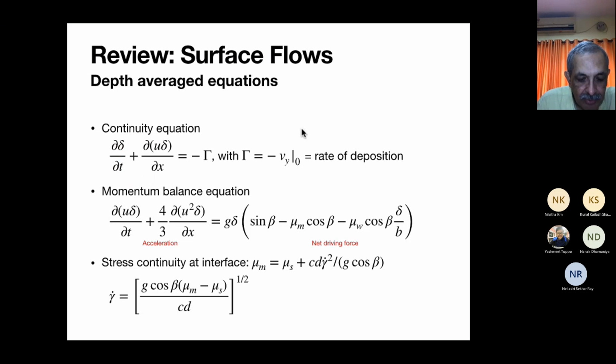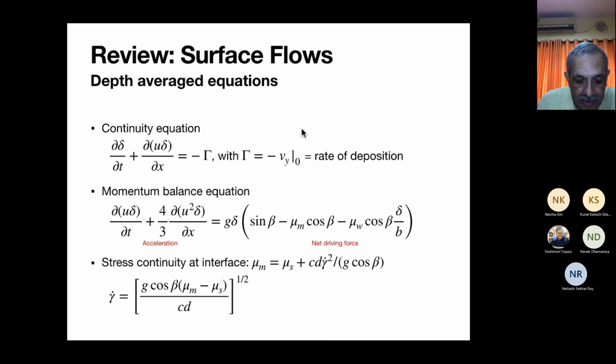Delta is the thickness of the flowing layer, u is the mean velocity in the x direction, and we have averaged in the y and z directions, so that variable will not come.